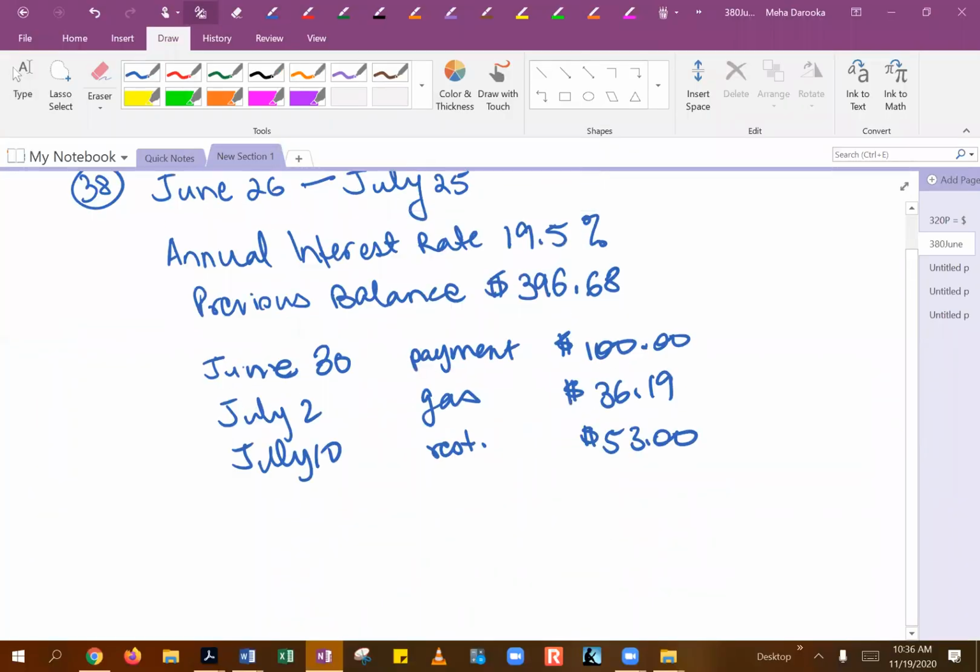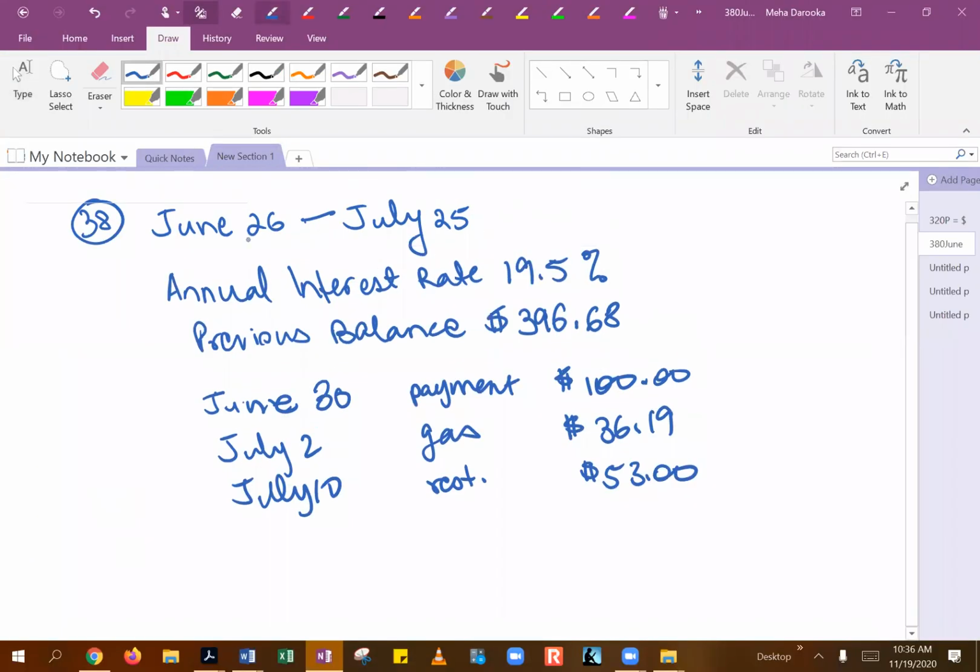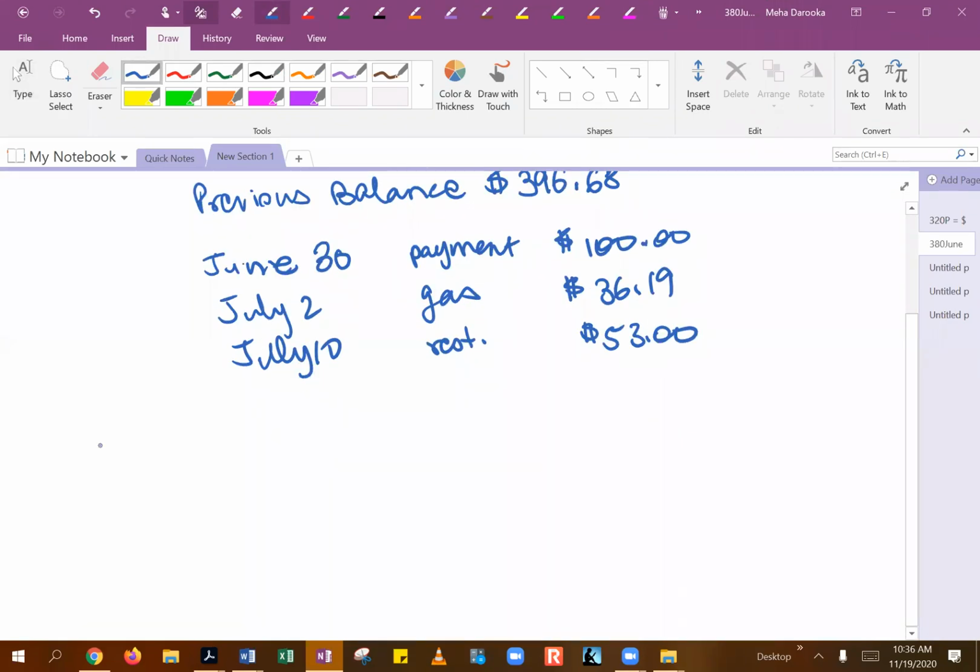Okay, so let's create a table. You're going from June 26th, so that's our beginning. If we are going from June 26th, and the payment happened on June 30th, which means you are looking at June 29th as the day before.